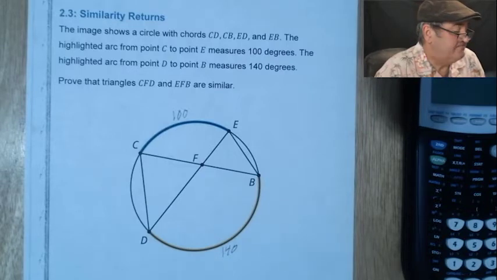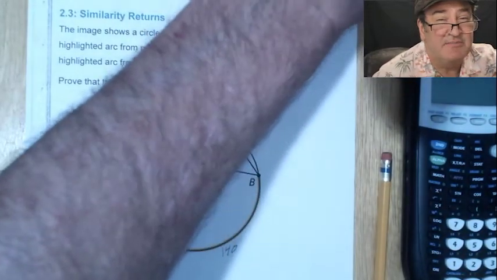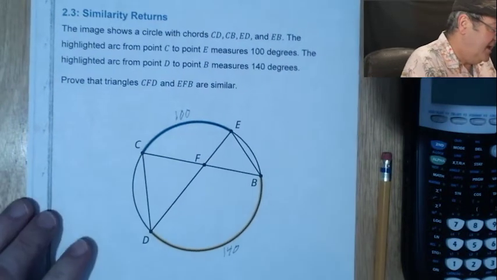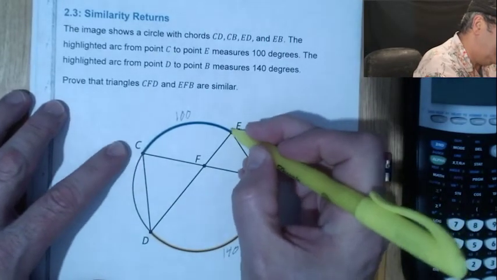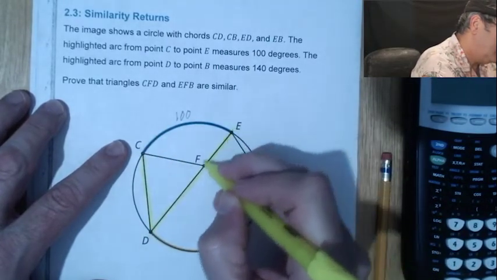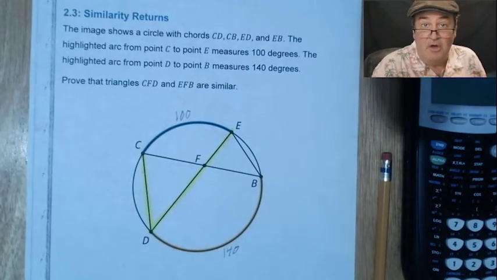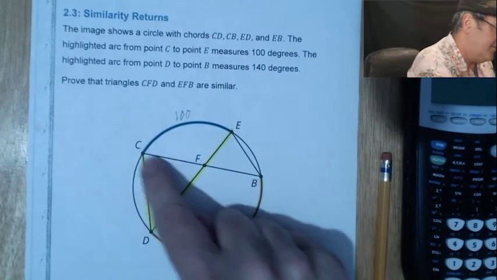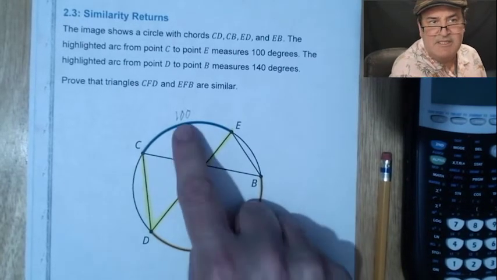Well, let me do a little highlighting and see if something shows up that we didn't notice at first. If I take C and E, and I go to point D, that's an inscribed angle, right? All three points are on the circle. I don't have the central angle to compare it to, but I know the central angle equals 100 because it's the same as the arc.